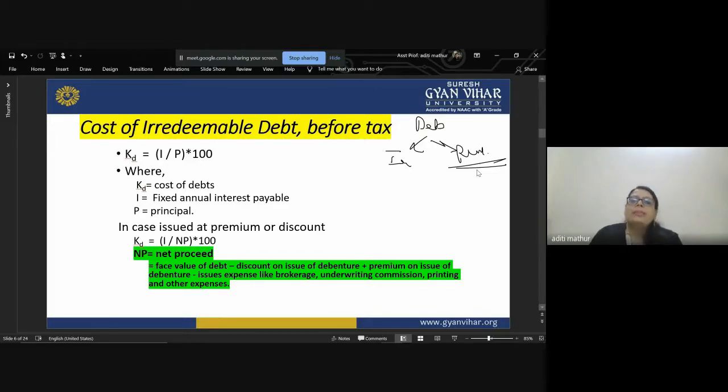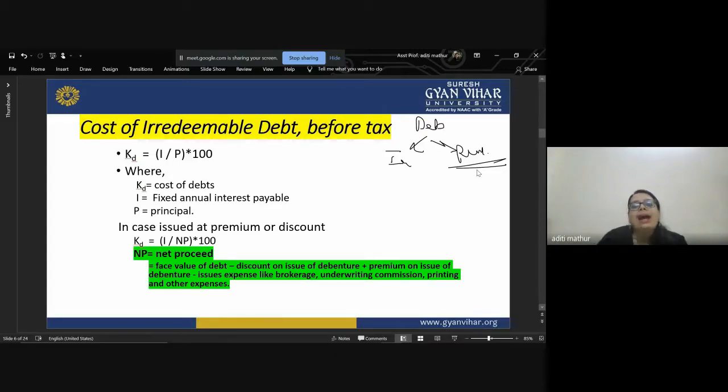Whereas irredeemable means they will not be repaid. It will keep on going. There is no certain number of years associated with that source of finance. Right? So we have to learn how to calculate the cost of debentures for both redeemable and irredeemable.